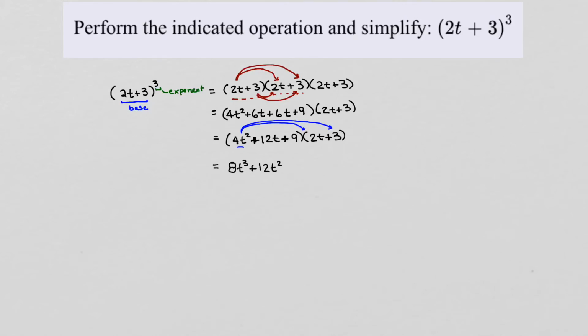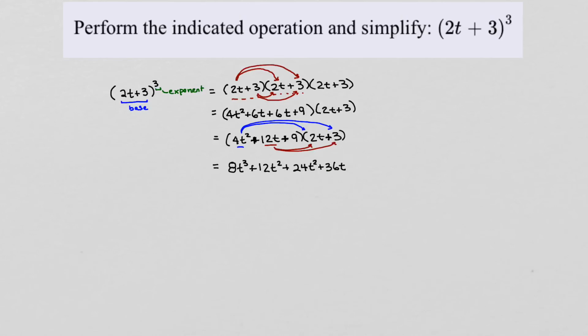We're going to keep going. We're now going to take the middle term, 12t, and multiply that times the second quantity. So we're going to take 12t times 2t and 12t times 3, and that's going to give us plus 24t squared, sorry about that, plus 36t.